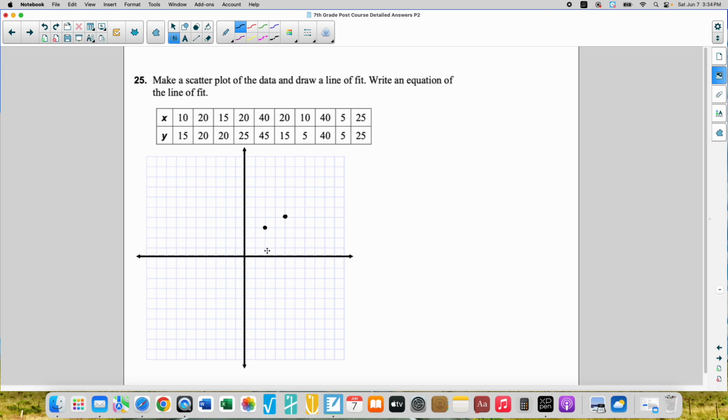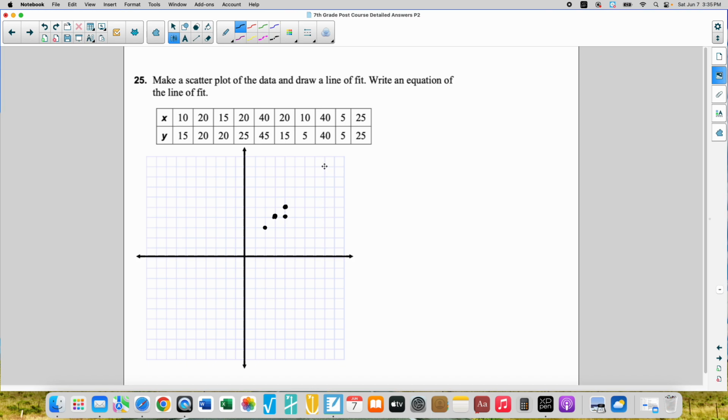Then 25, 40: 5, 10, 15, 20, 25, 30, 35, 40, 45.